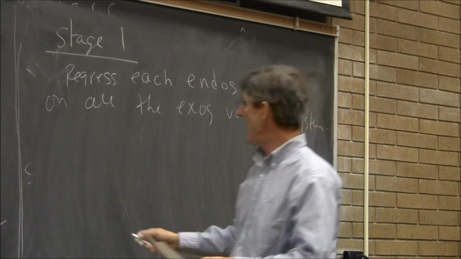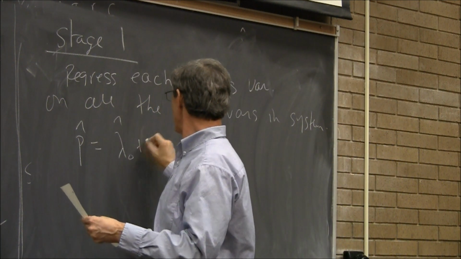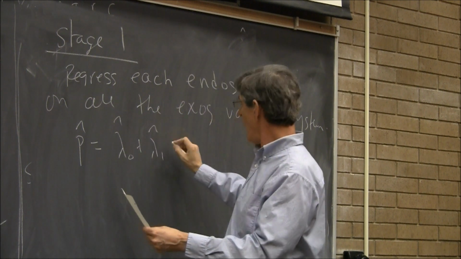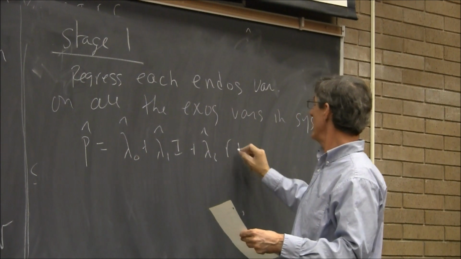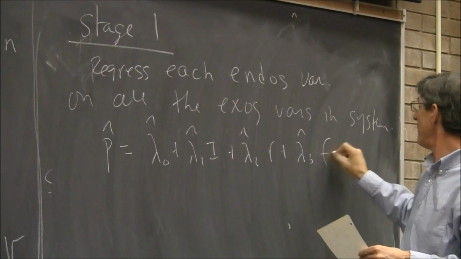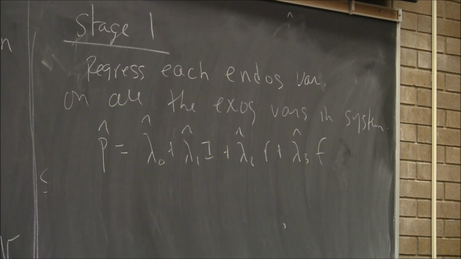So you just estimate p hat equals lambda 0 hat plus lambda 1 hat I plus lambda 2 hat R plus lambda 3 hat F, plus, well, there's no error because I'm using the estimated.